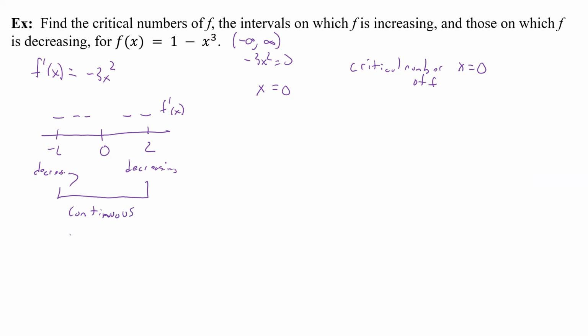And so basically we're decreasing over the whole range, from negative infinity to positive infinity. We're decreasing from all the way this way to all the way that way.